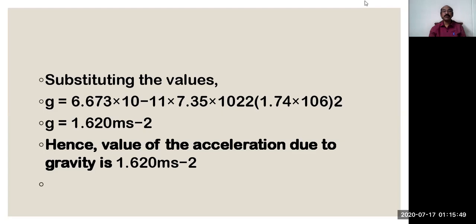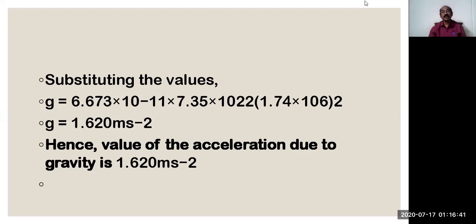And the third equation, v square minus u square equals 2as, becomes v square equals 2gs. The expression for distance traveled by the body in the nth second, Sn equals u plus g by 2 into 2n minus 1, becomes, as u is equal to 0, Sn equals g by 2 into 2n minus 1, or Sn equals g into n minus half.